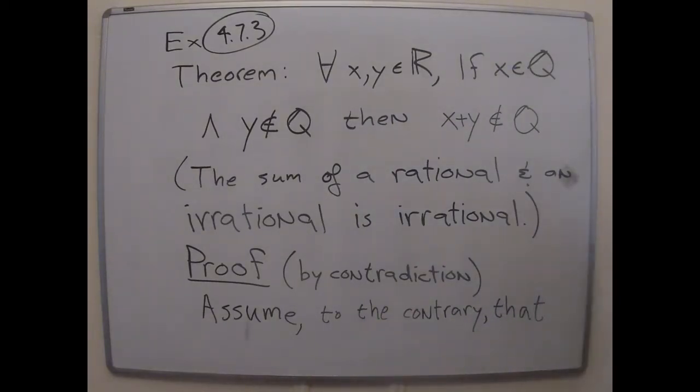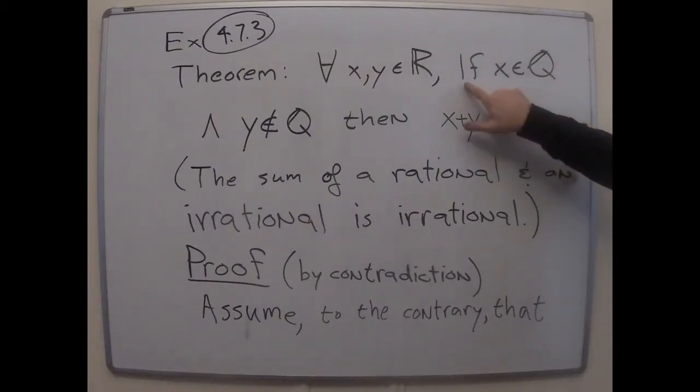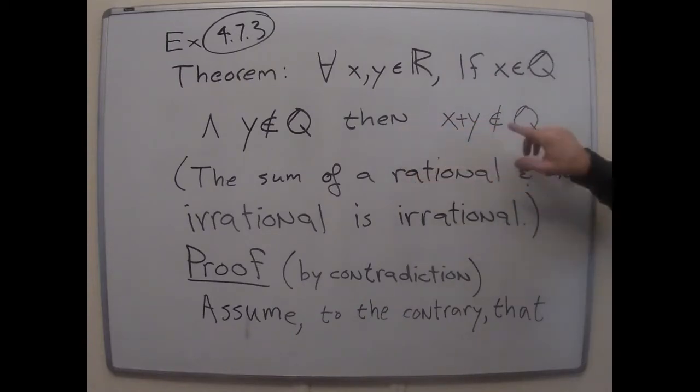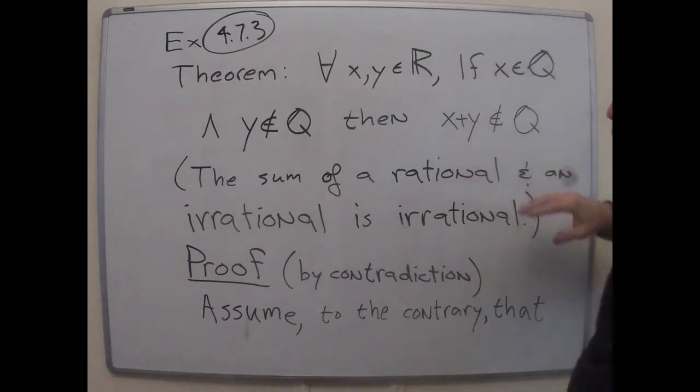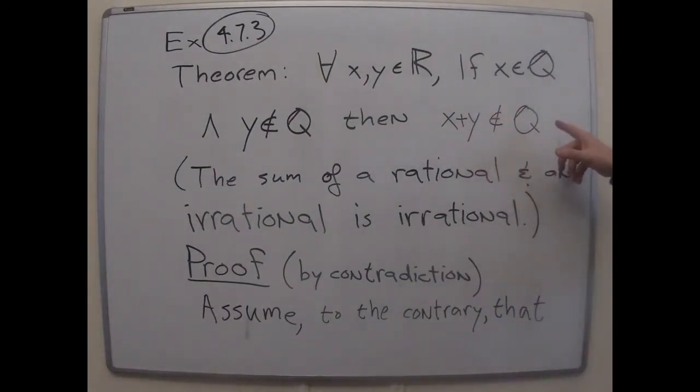All right, well, now we face the central problem of proof by contradiction. You've got to be able to negate the thing you're trying to prove. And what we're trying to prove here is an if-then sentence with x in q and y not in q as the antecedent, and then x plus y not in q as the consequent.